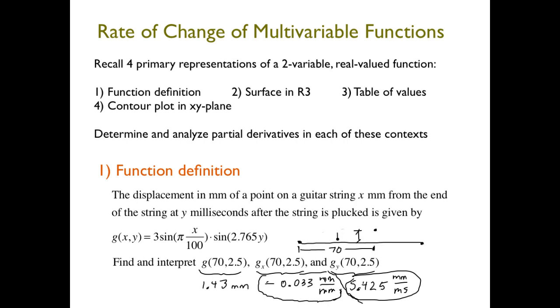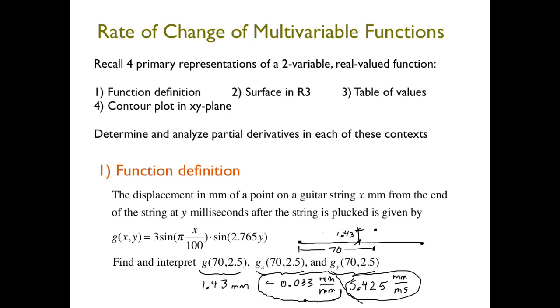All right, what about the negative? So here's where we get tricky. Okay, so we're up 1.43, and now what does the negative 0.033 mean?